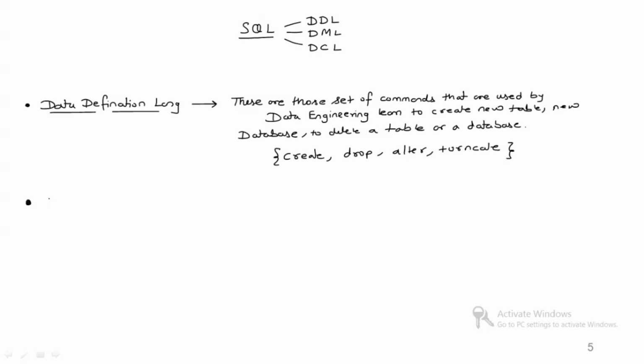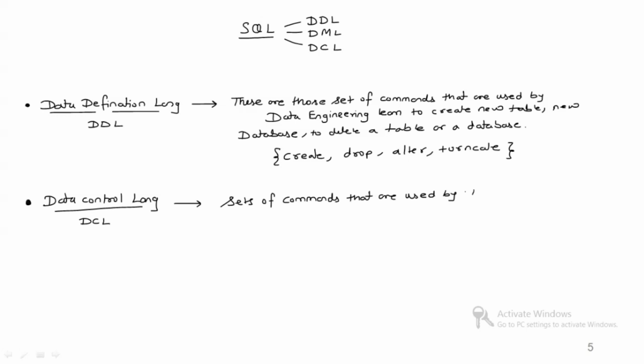The second one is data control language, which is DCL. So this was DDL, this is DCL. These are also the set of commands used by, again, the data engineering team to provide access or to revoke access of a user to the server.